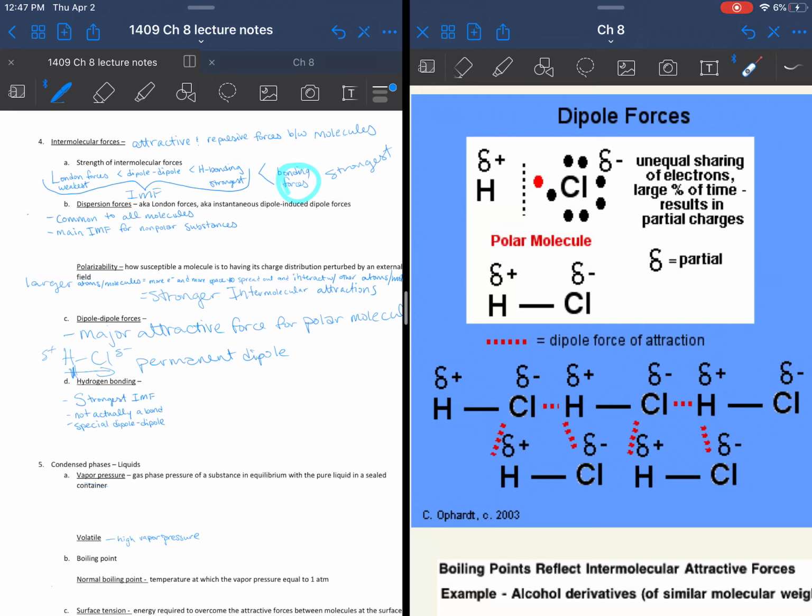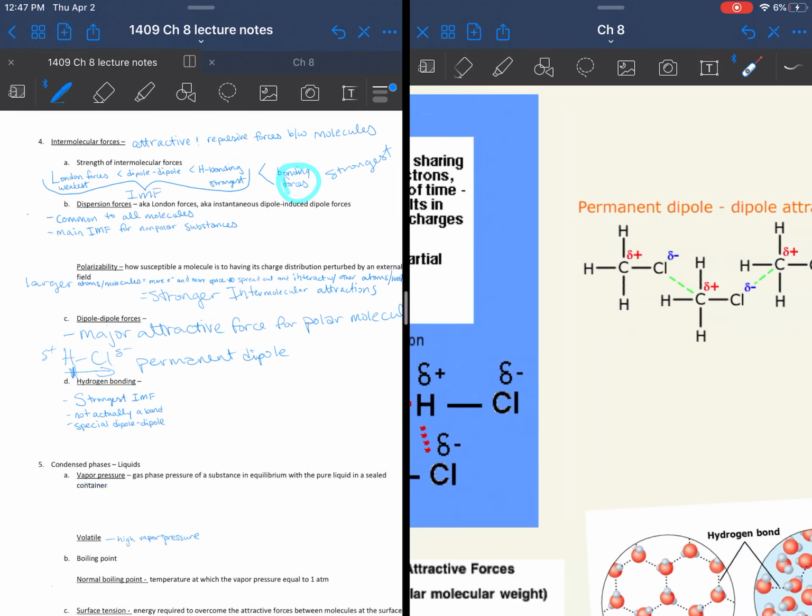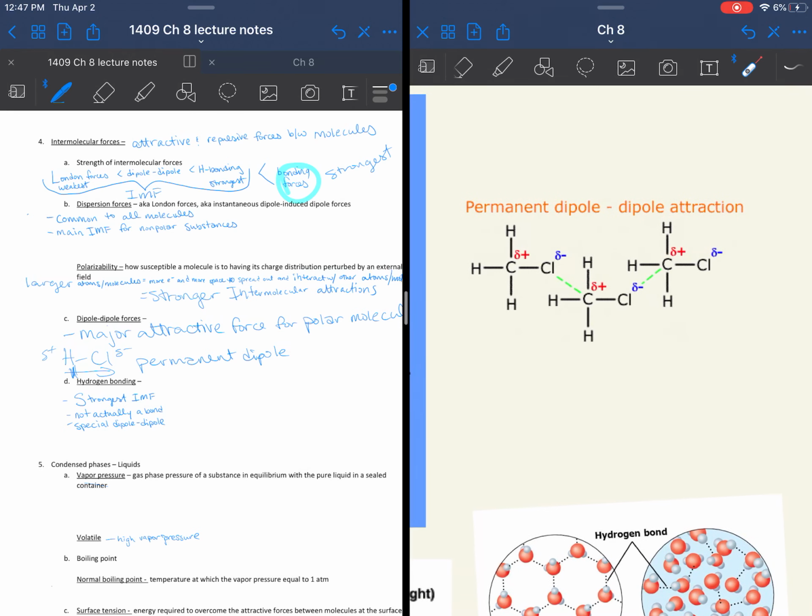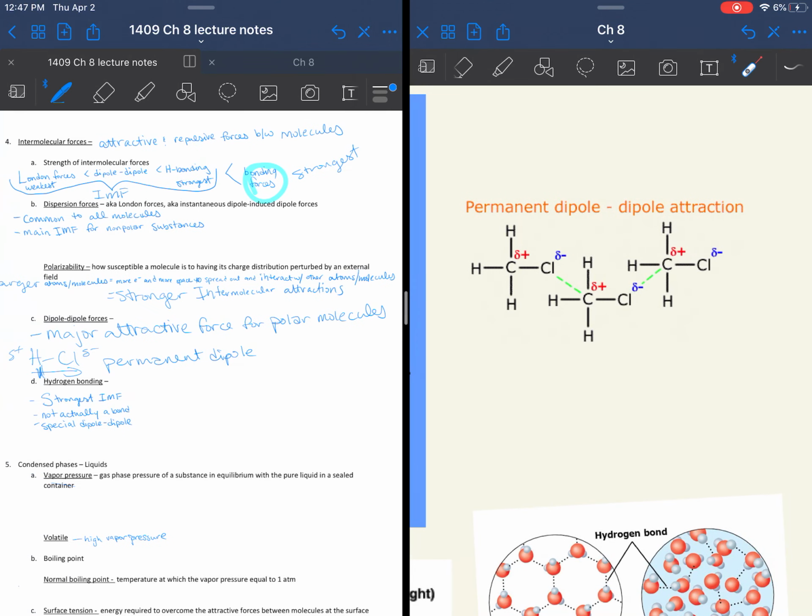That is a stronger attraction when you have a permanent dipole than when you have a temporary dipole. That's why this intermolecular force is stronger than the last one. It's very easy to see here with a simple little 2-atom molecule.